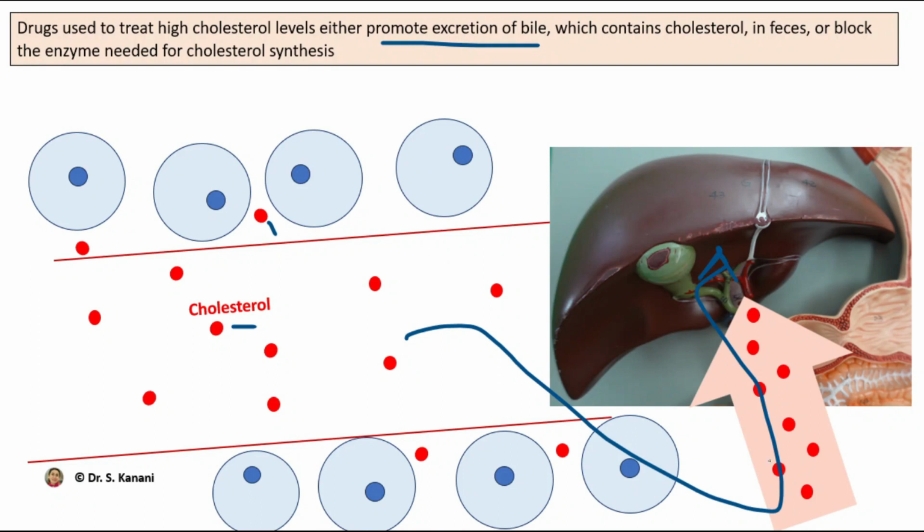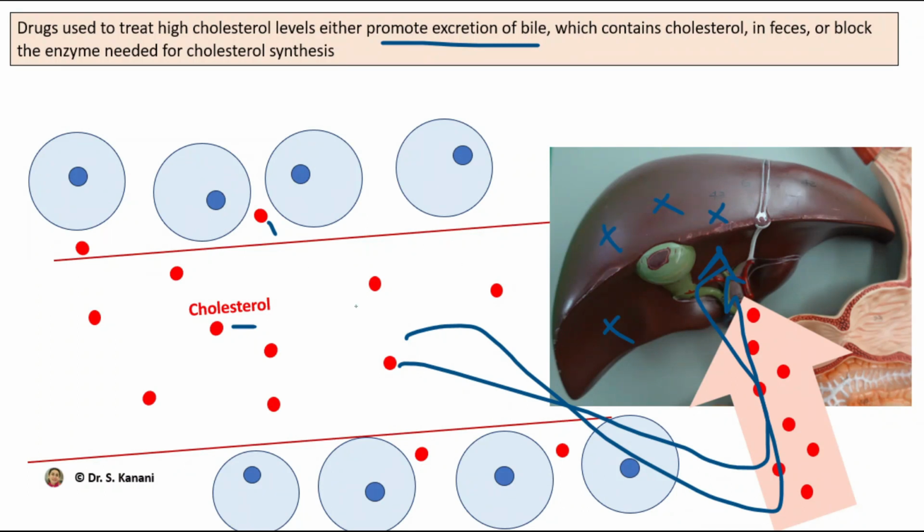So when a drug promotes excretion of bile, obviously that would be an attempt to help eliminate extra cholesterol from the body. Some other drugs are going to block formation of those enzymes in liver cells that are responsible for formation of cholesterol. So these are some options that we have.